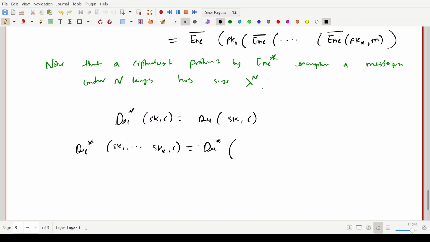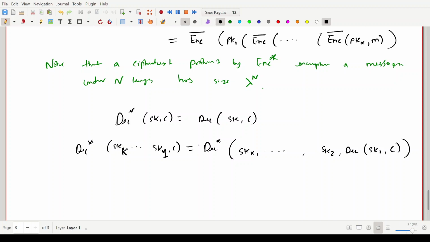will be decrypted with, see in this case I should write here from k to 1, because this ciphertext first will be decrypted with the secret key 1, so the secret key will be as it is here, and here I'll be having secret key 2, and then decryption with secret key 1 of your ciphertext.